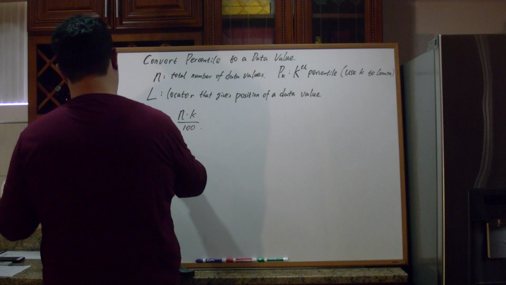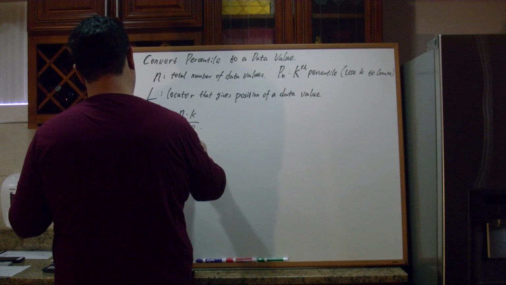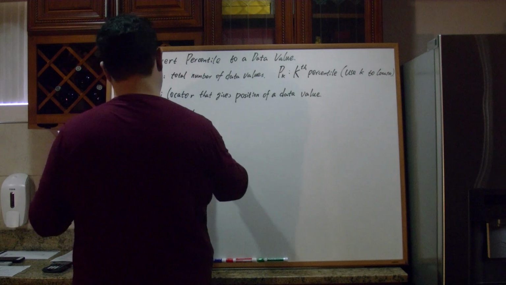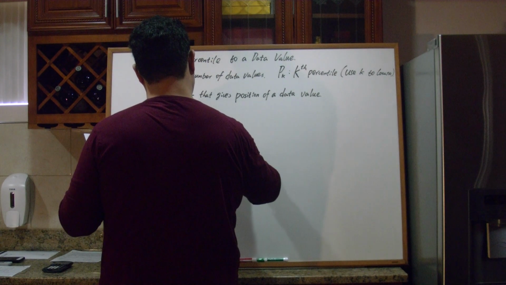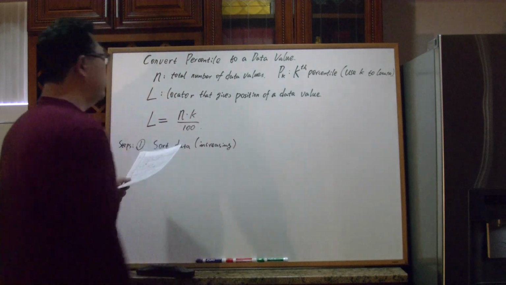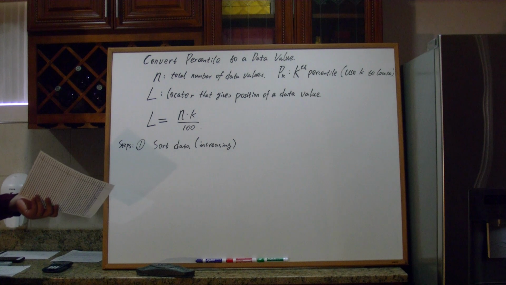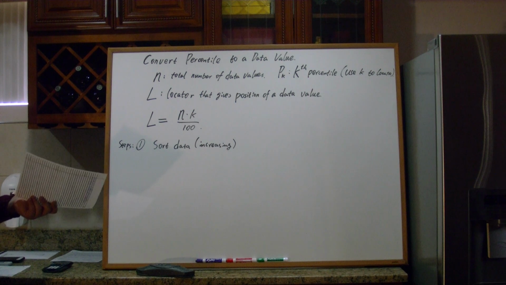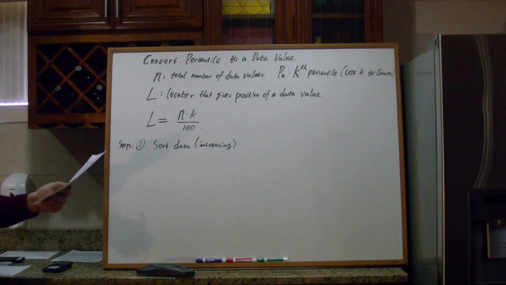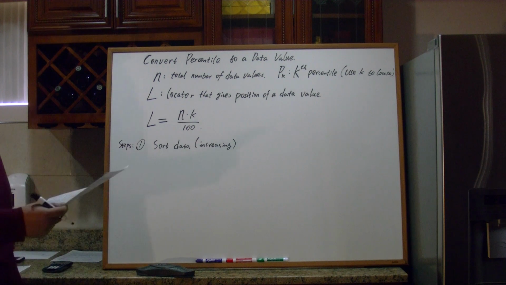The first step is to sort the data in increasing order, which will be more beneficial since we are finding the 25th percentile or second quartile or third quartile, which is to view the data from lower to higher.